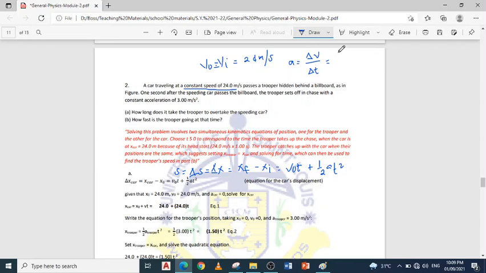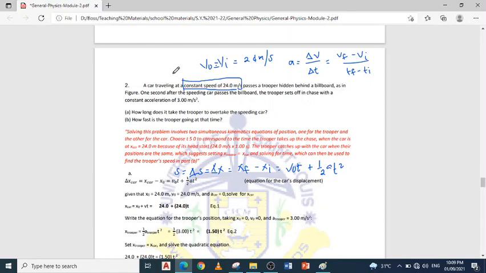So, meaning, ay yung vf minus vi divided by tf minus ti, di ba? And then sabi dito, since constant speed yan, constant, so hindi nagbabago, meaning si vf is equal to vi. So kung pareho lang naman to, so yung numerator natin ay 0. So 0 divided by any number, okay, is equal to 0. That is why ang acceleration niya dito ay 0.